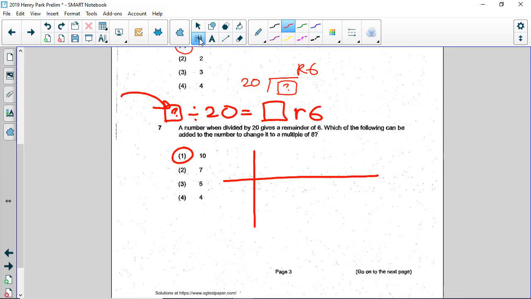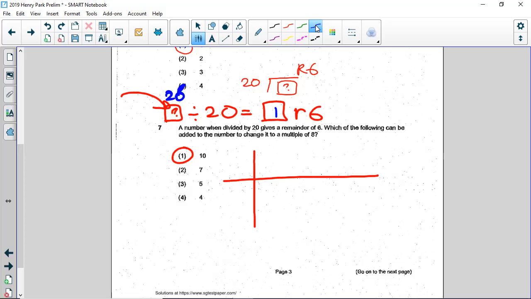Now you start with 20. Can 20 divide by 20? 20 divided by 20, that will be no remainder already, right? 21 divided by 20, there's a remainder 1. So keep going. How about 26? 26 divided by 20, you will get 1 remainder 6.